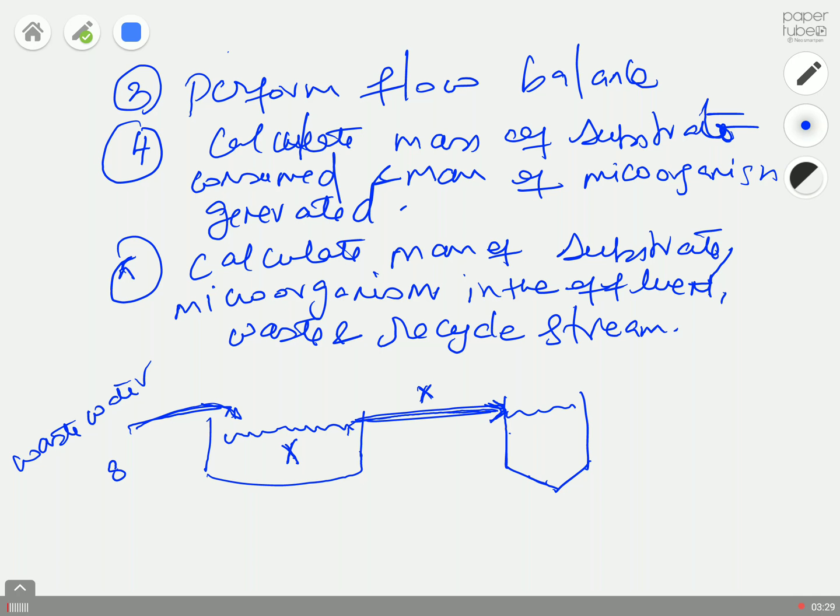Your live cells will get settled due to gravity. We call it a gravitational sedimentation tank, or sometimes a thickener, because it's thickening the solution, so that you get a very dense solid at the bottom and more water on the top, and then you remove the effluent on the top.